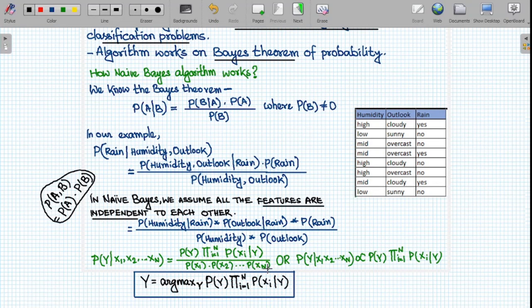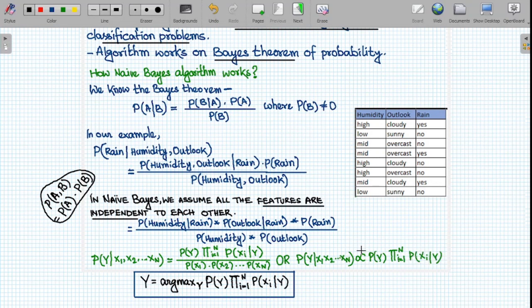And as we have assumed in Naive Bayes algorithm that all features are independent, hence all these values will be multiplied with each other following this theorem of probability, where probability of A comma B is nothing but probability of A into probability of B. Now if we assume the denominator is a constant value, we can write probability of y given x1, x2 till xn is proportional to the probability of y pi i equal to 1 to n probability of xi given y.